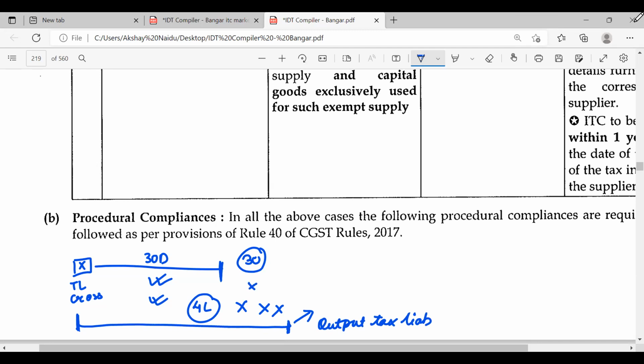If you still remember registration, maybe we have done this point. That if within 30 days you are applying, if you apply here, input credit is available because registration is effective from this date only. But if you applied late, you are not eligible for input. The date that they grant you the registration certificate, from there it will be eligible. From there it will be granted. Understood everyone? Any doubt on this concept?